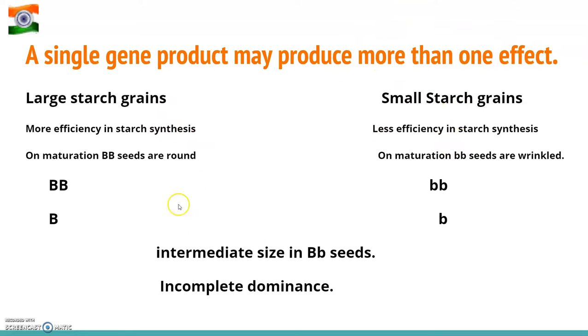So we say that dominance is not an autonomous feature, as we studied in tall and dwarf plants, where the same kind of action would occur. It will depend on the gene product, what product is being formed, and the effect of that product on the phenotype will also be examined.